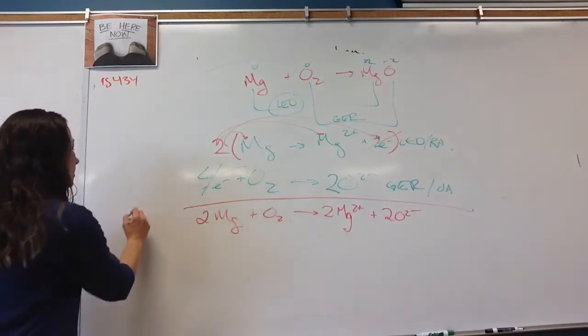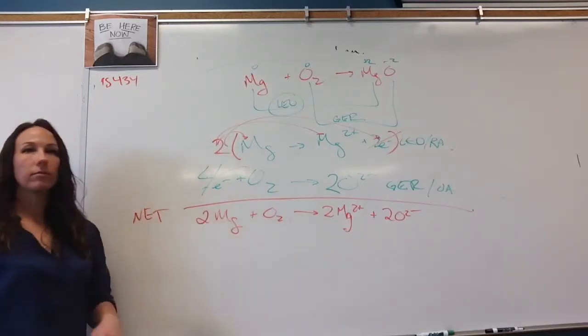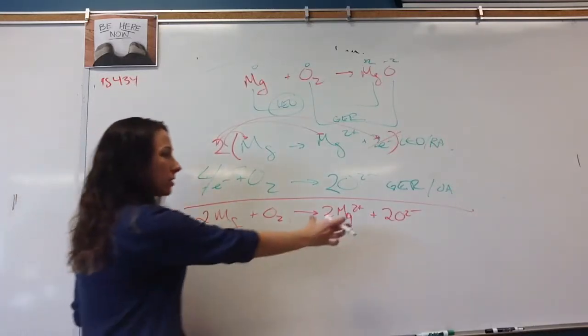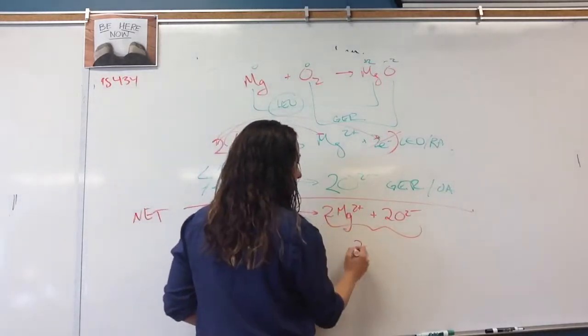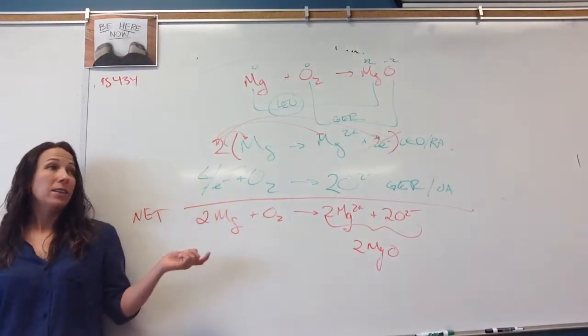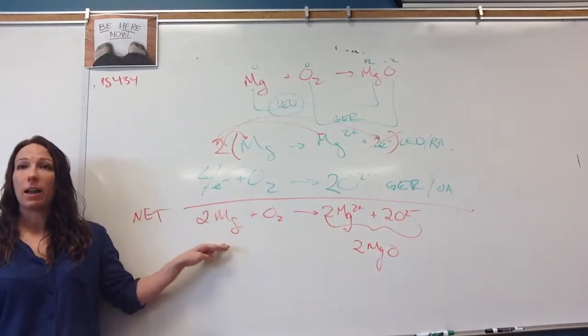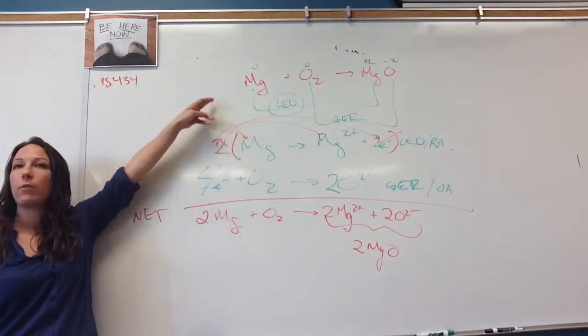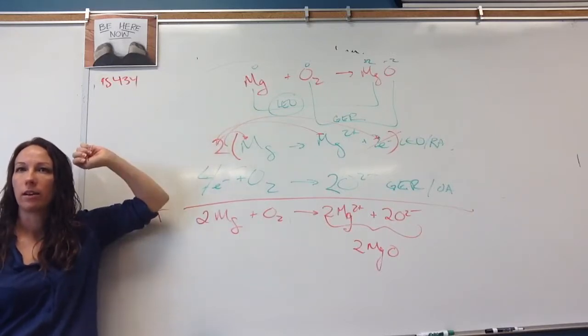This is called your net. This is the same thing as 2 magnesium oxides. And we've ended with the same balanced equation that we should have if we balance that like we did in Science 10.